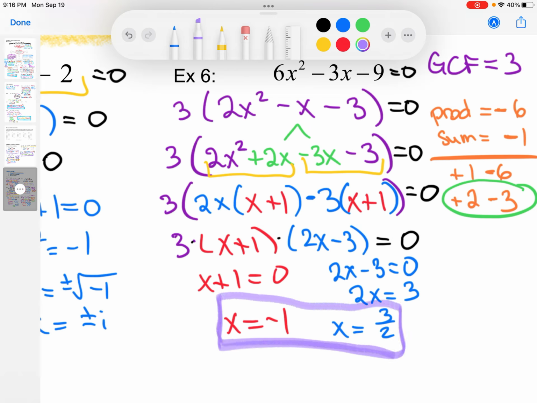These are your two solutions. X equals negative 1 and x equals 3 over 2. And yes, just leave that as 3 over 2. Don't worry about making it a decimal, and please don't ever make that a mixed number. We don't need those. Just leave that fraction 3 over 2.